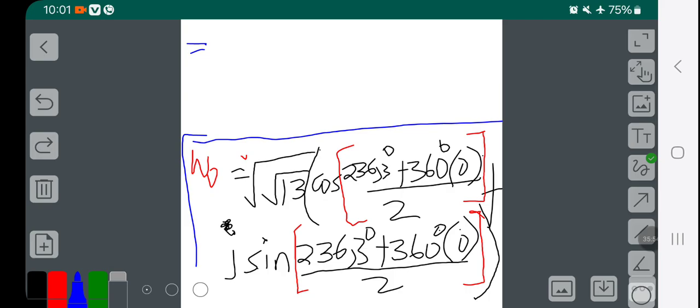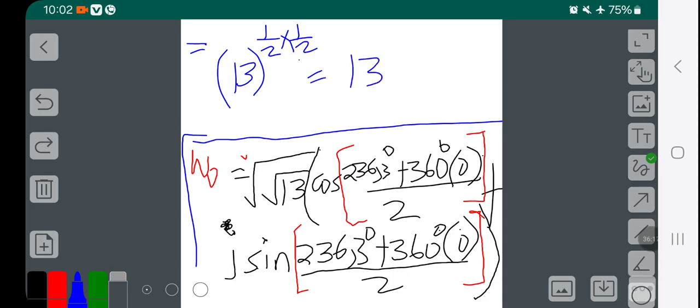Which means I'm having 13 bracket to the power of half, and another one is 2 times to the power of half. Since I'm having 2 square roots, if I convert it to an exponent, it's going to be 13 to the power of 1 over 2 multiplied by 1 over 2, which is 13 exponent 1 over 4, which is equivalent to like this here.